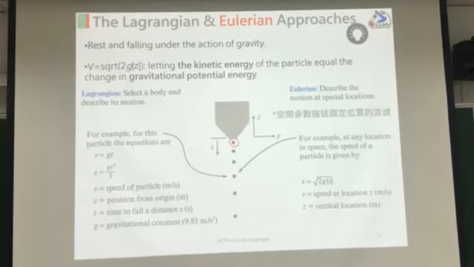So the idea is, if we follow the Euler approach and we would like to describe the motion at different times, you can try to balance the energies, because we know this is a question we can solve by energy balance.